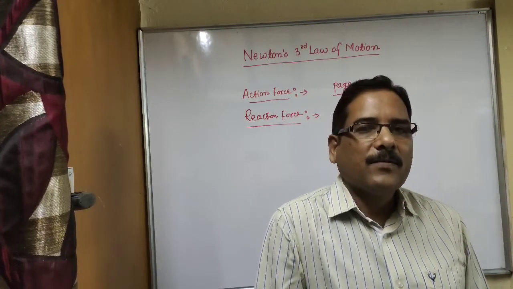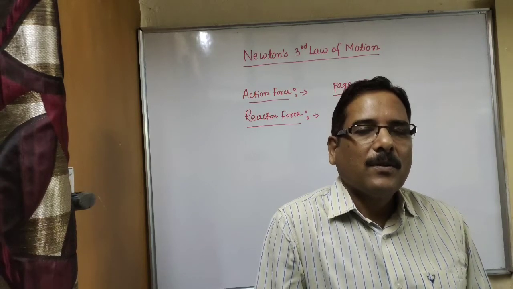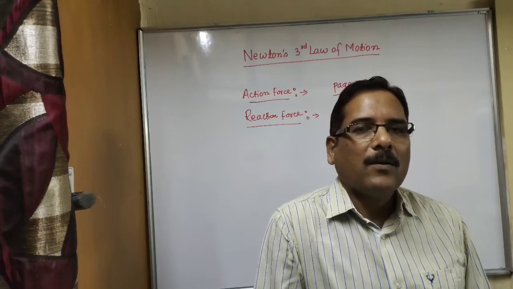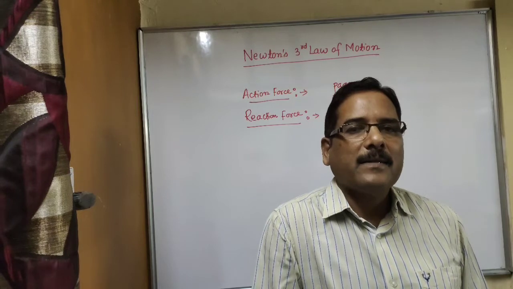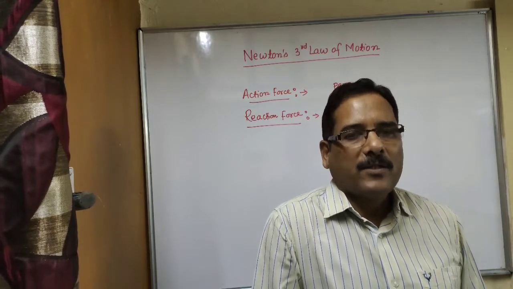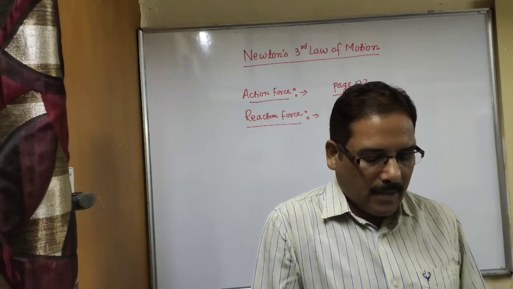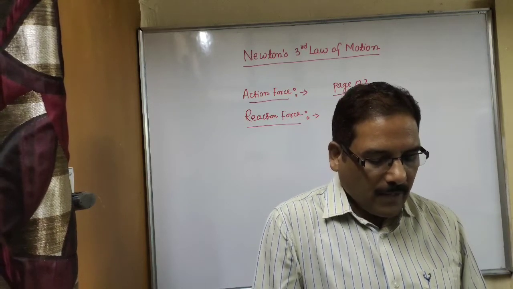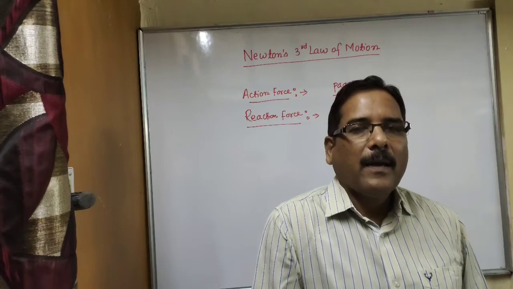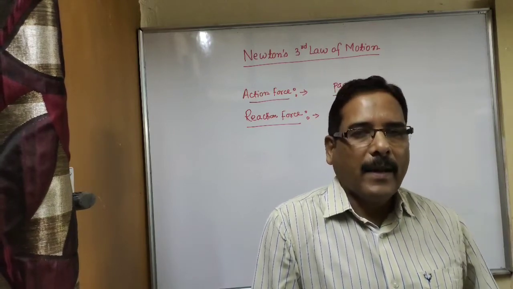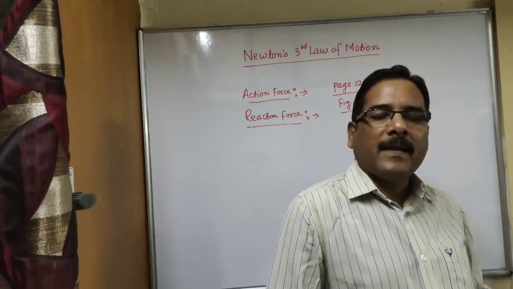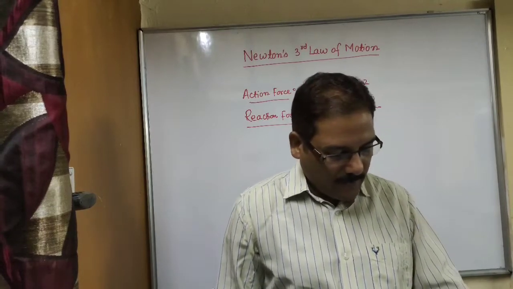So what is the action force here? The force which we are applying on the hook of spring balance A is the action force, and as a result the hook of spring balance B exerts a force on spring balance A, that is the reaction force.